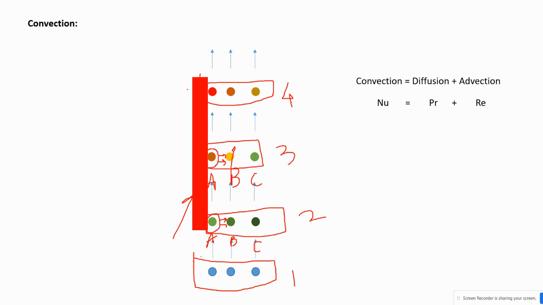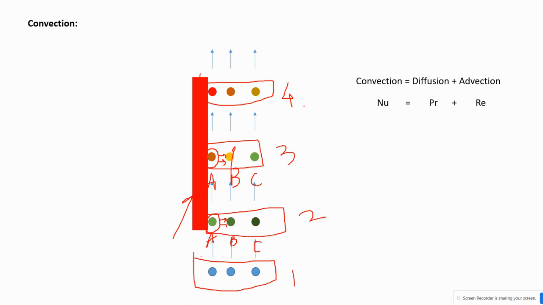So this is the part of the convection. Now, when this heat transfer from A to B to C is occurring, the particles are also moving up. The particles of the next layer fill the position of the earlier layer.